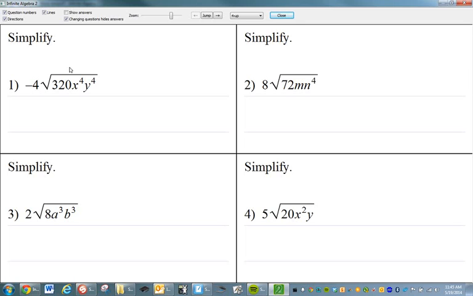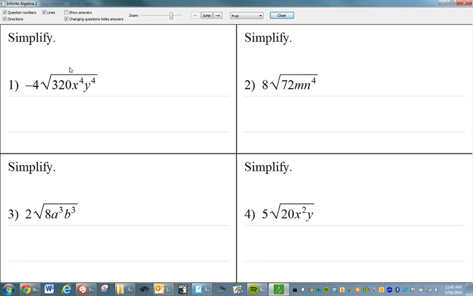You want to choose the biggest one, so you only have to do it once. Alright, so here, I get 8 times 6. I can't do anything with that. I can't do anything with that.